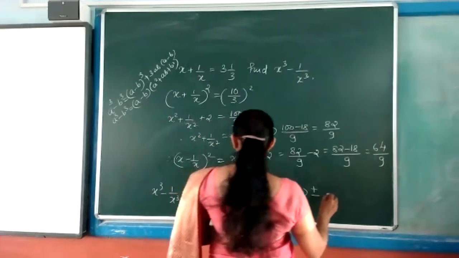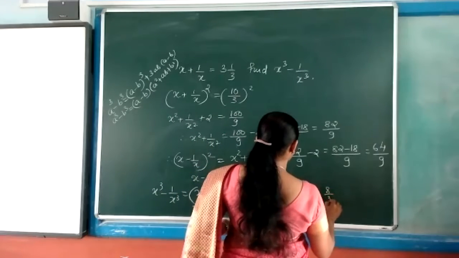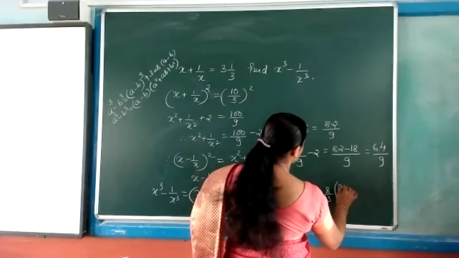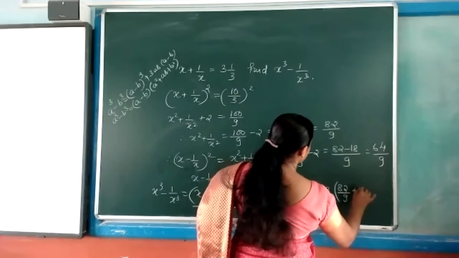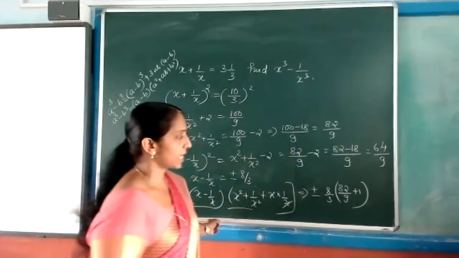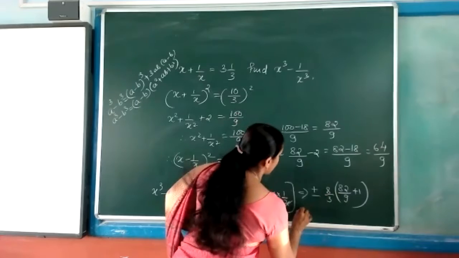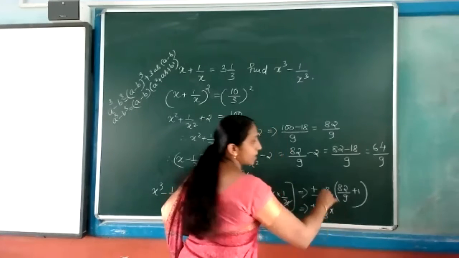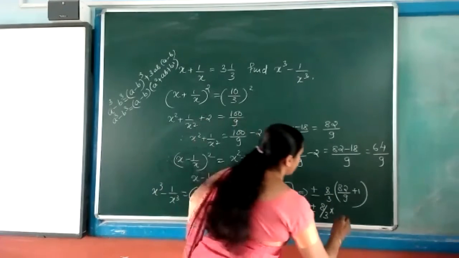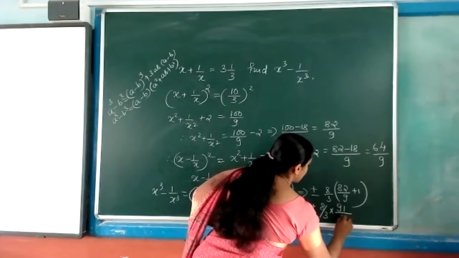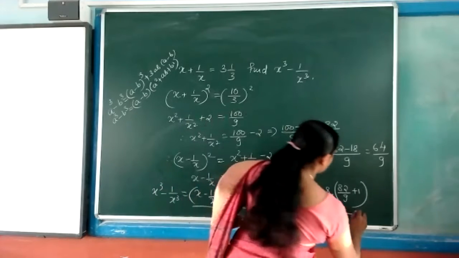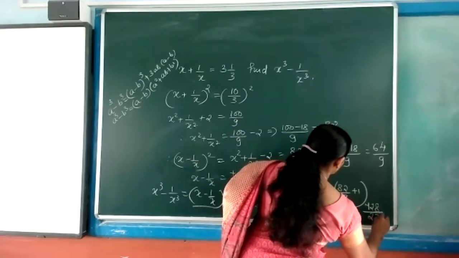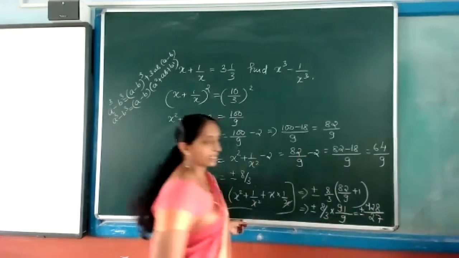Plus or minus 8 by 3 into x square plus 1 by x square, which is 82 by 9, plus 1. Right? So if you simplify this, you are getting plus or minus 8 by 3 into 82 plus 9, 91, that is 91 by 9. So you are getting 728 upon 27 with the plus or minus sign.